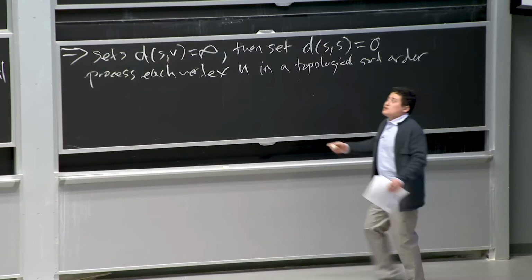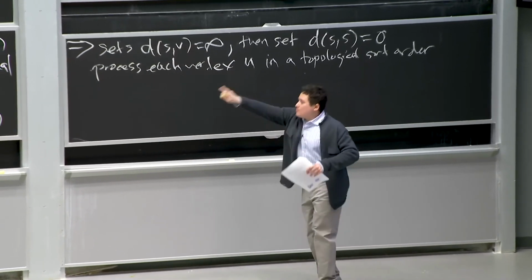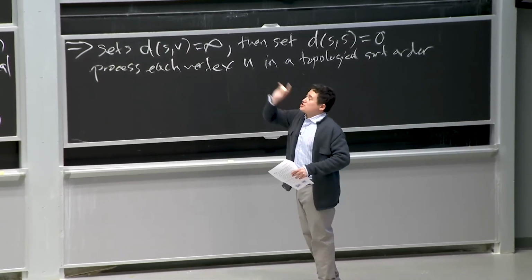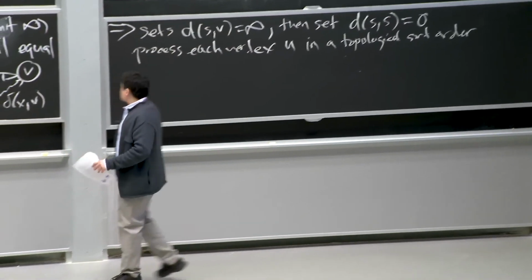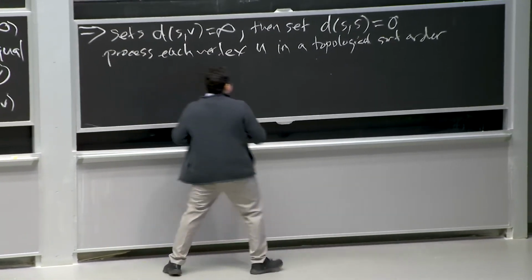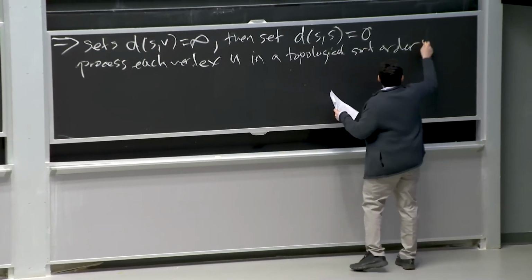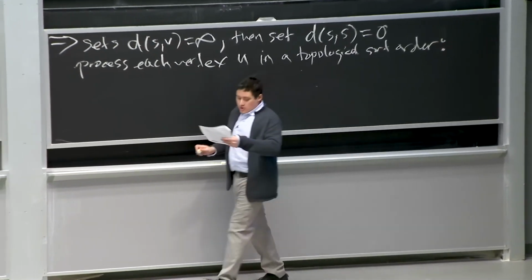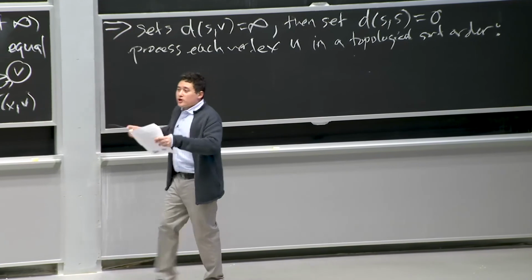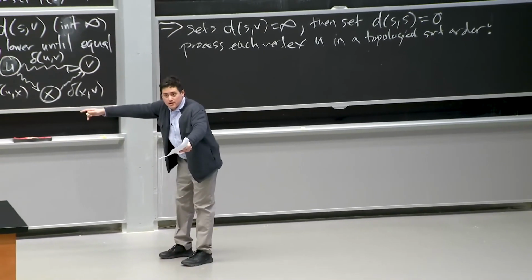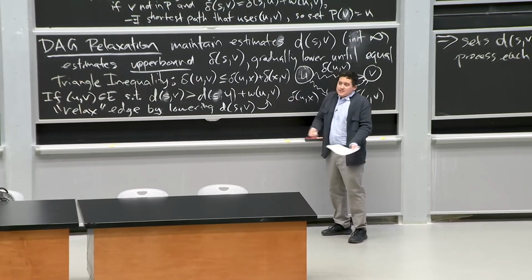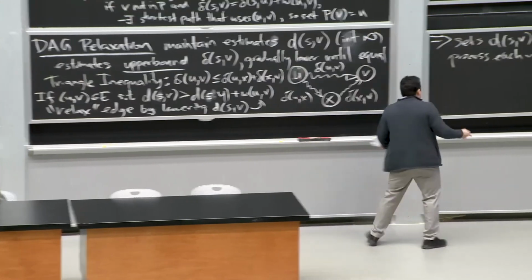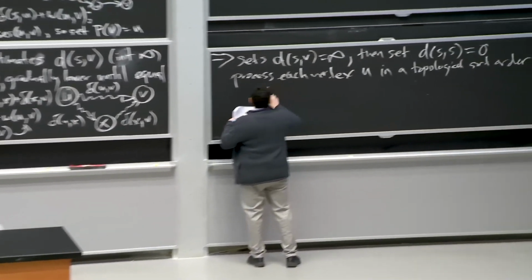You can imagine we're starting at the top and all my edges are pointed away from me, and I'm just processing each vertex down this topological sort line, okay? And then for each of these vertices, what am I going to do? I'm going to look at all the outgoing neighbors, and if the triangle inequality is violated, I'm going to relax that edge. The algorithm is as simple as that.